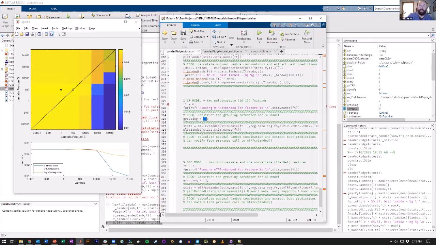And I'm not seeing any hands to show that people are done. So is anyone having any trouble understanding what this grouping variable should look like?